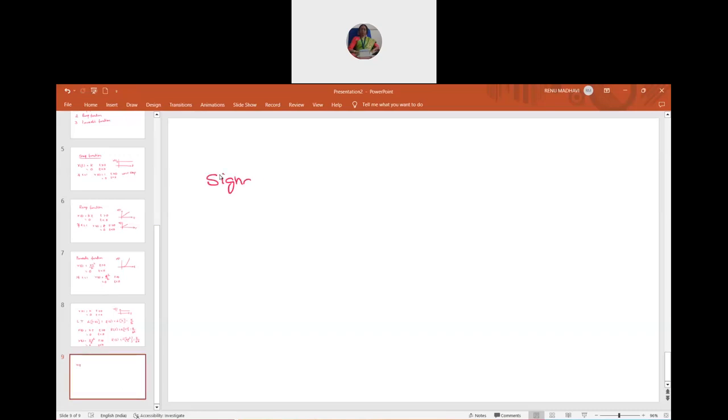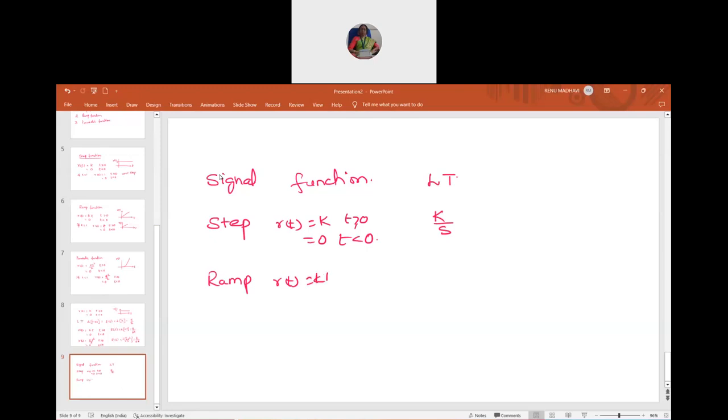To summarize, we have talked about different signals, how to express them as r of t, and their Laplace transforms. For a step input, r of t is equal to k, and the Laplace transform is k by s. For the ramp, r of t is kt for t greater than 0, 0 for t less than 0, and the Laplace transform is k by s square.